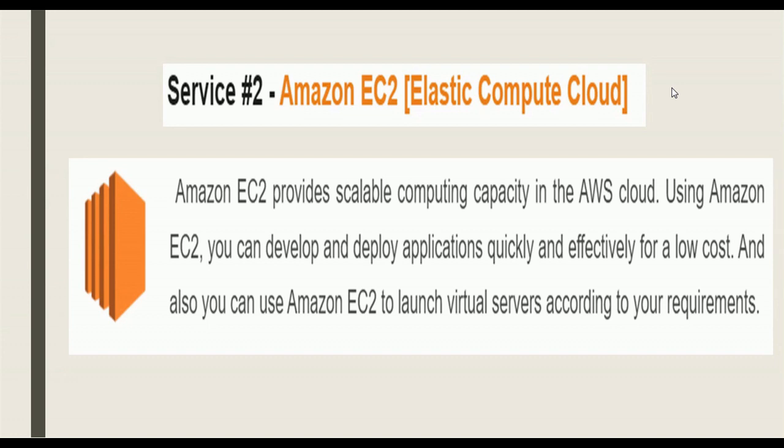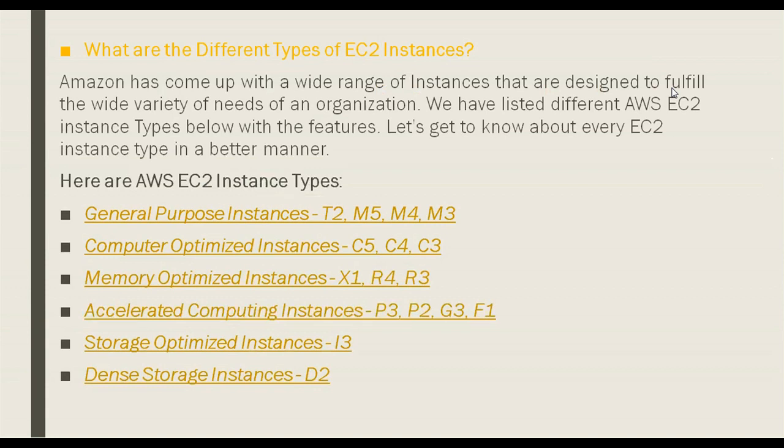You need not purchase a computer or server, or separately install a Microsoft OS or something. You can create just a simple instance. Different types of instances are available: for general purpose, compute optimized, memory optimized, and storage optimized.